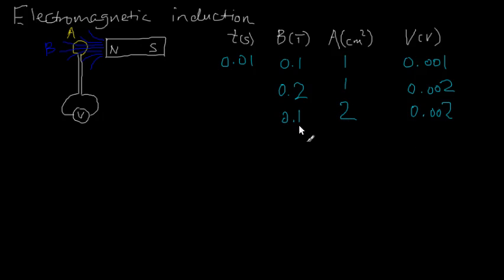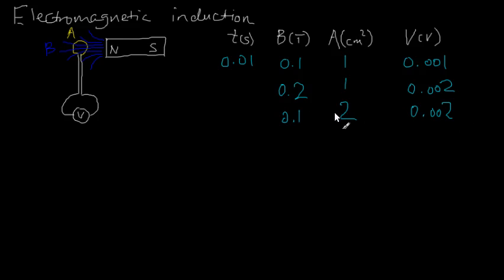Assuming that it's still 0.1 Tesla over all of this area, we can then say from this observation that if I double the area, I should be comparing with this one, because it's the first one and the last one that have the same magnetic flux density. So if I double the area from here to here, then the induced voltage would also be doubled.